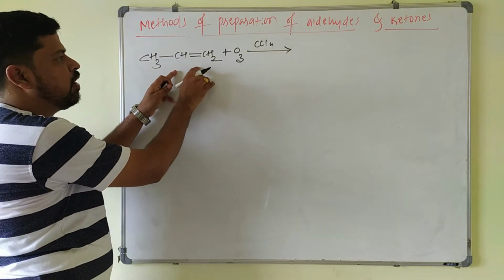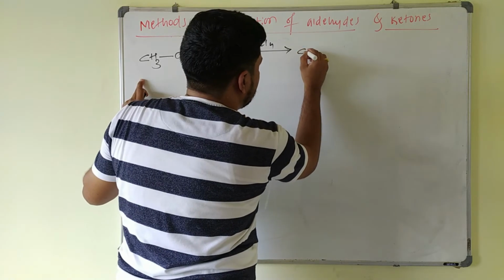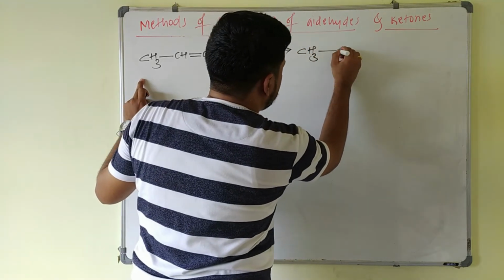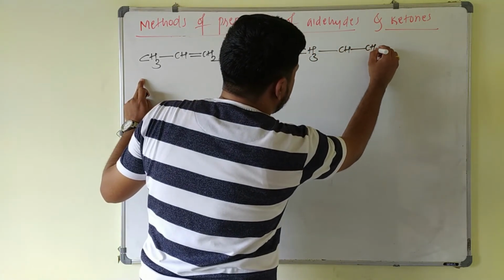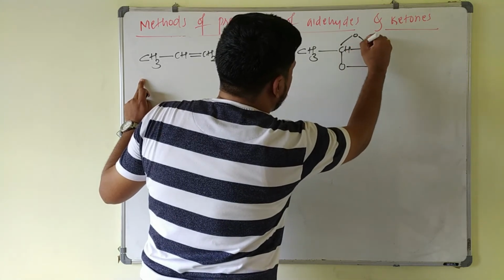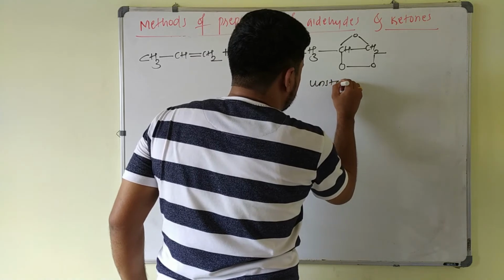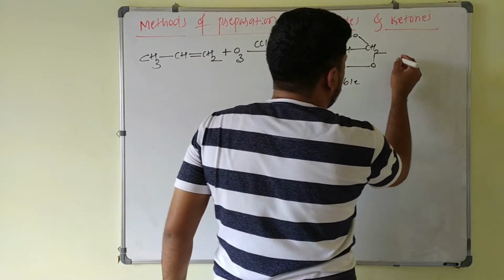You just have to break one bond here and form a 5-membered ring with 3 oxygens. Simply this will be CH3 as it is, this becomes CH2. Here you are adding 2 oxygens and another oxygen is added here. So this is your unstable ozonide.